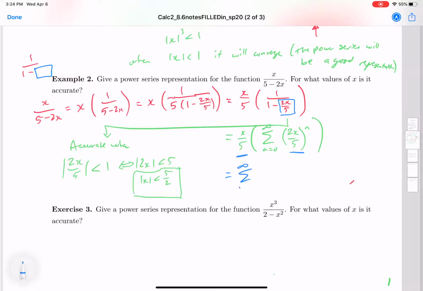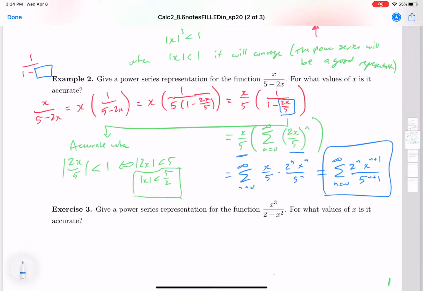And we get our summation, n equals 0, x over 5. This right here, that's like 2 to the n, x to the n over 5 to the n. And with the x over 5 that I'm bringing in there, I'm still going to have 2 to the n, but I now have n plus 1 x's and n plus 1 5's.